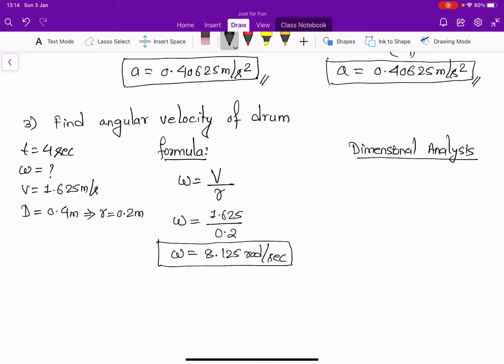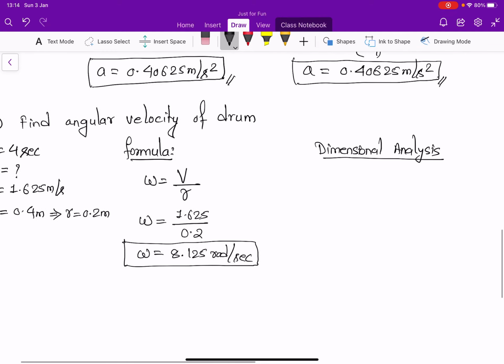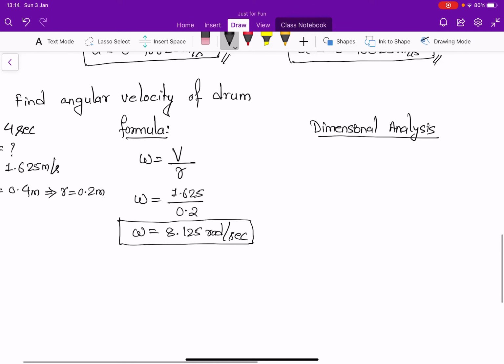Now what about dimension? The dimension for the angular velocity is going to be a little bit tricky. First, we have to convert our relationship into the fundamental dimensions.